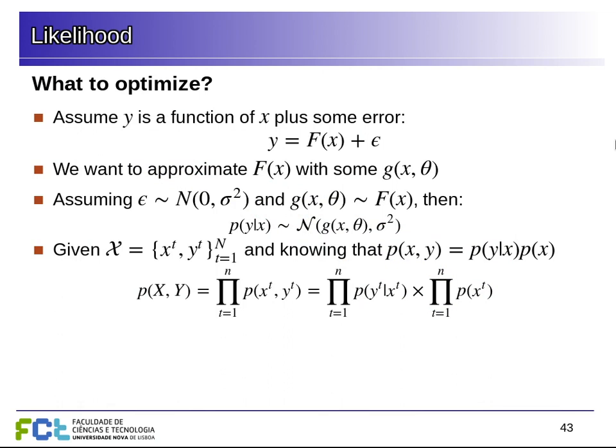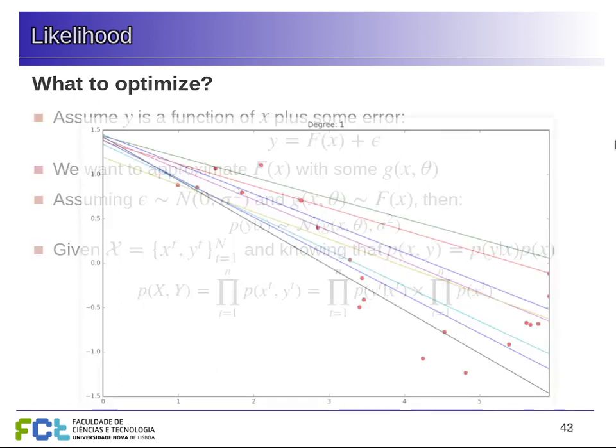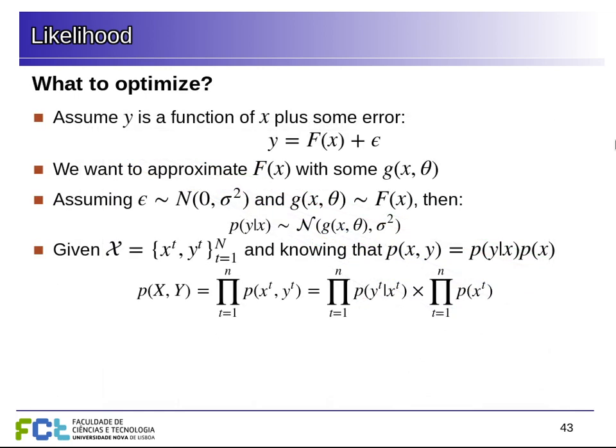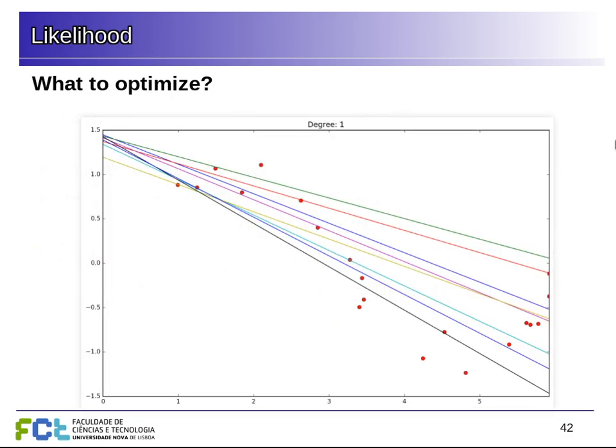So if we have the function of x here, which is what we're trying to model, so we have some set of parameters that we are adjusting to determine how this line is placed, then we can compute the probability of the data by looking at where the data is placed with respect to the line, assuming that this error in the predicted variable is normally distributed.